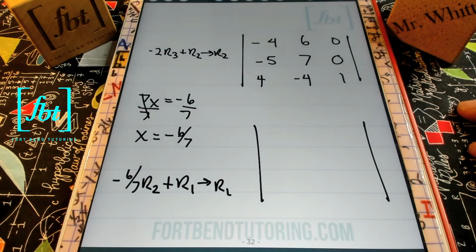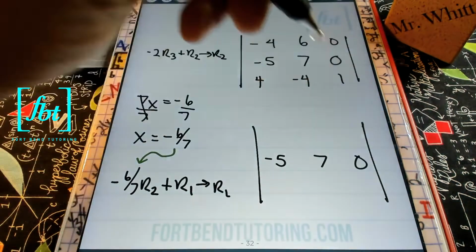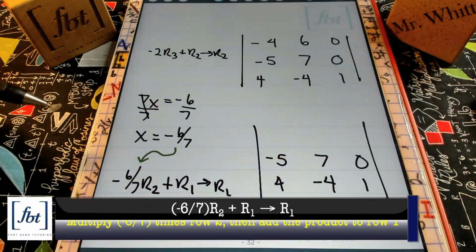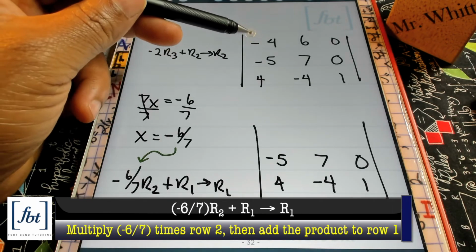So that means that row 2 and row 3 will go unchanged. So we'll bring down negative 5, 7, 0, 4, negative 4, and 1. So we want to multiply negative 6/7 times negative 5, then add that product to negative 4.